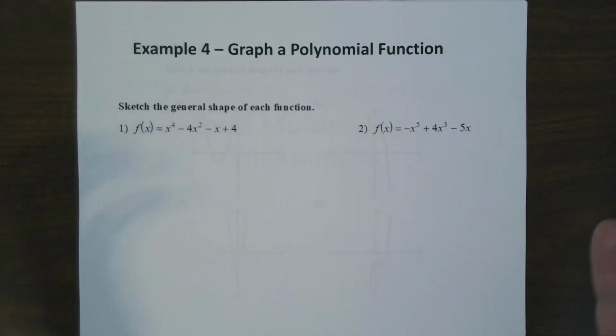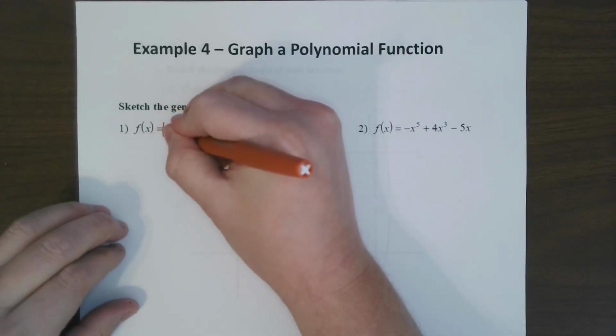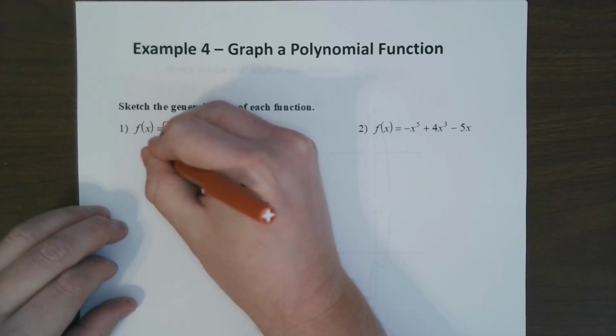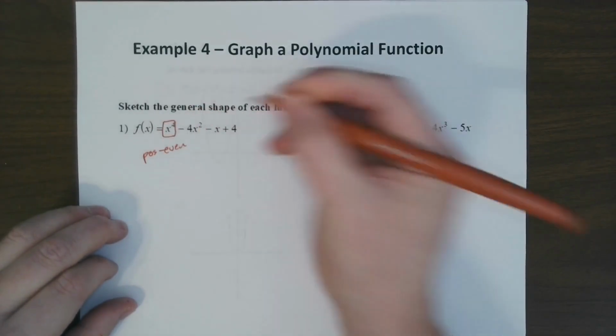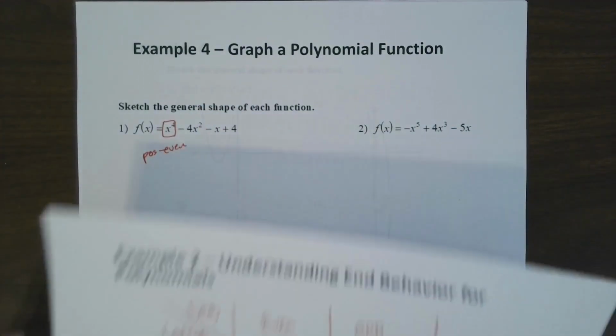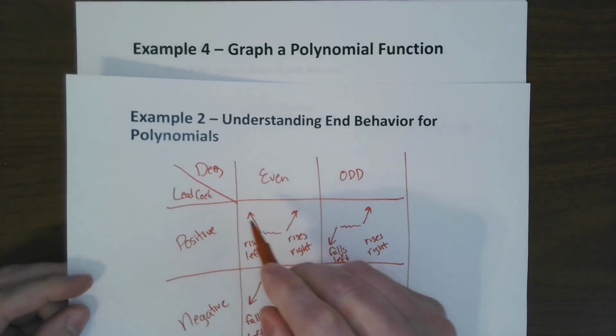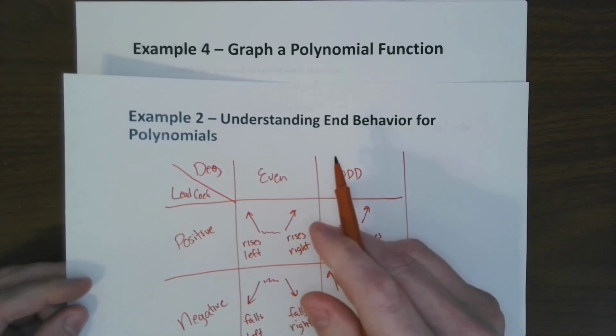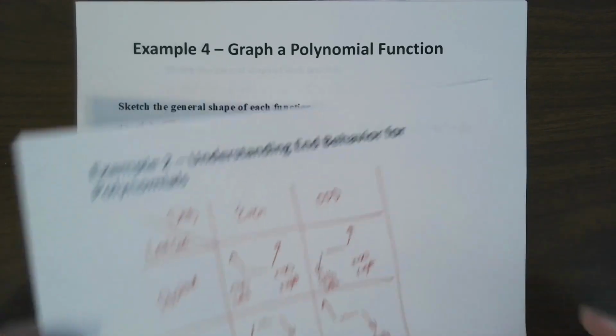All right, using the same chart, we could actually graph the polynomial function, at least sketch a graph so we have an idea. So same thing, we look here. It is positive, even. So if we look at our chart, positive even should start high, do some stuff, and end high. So rises, rises.